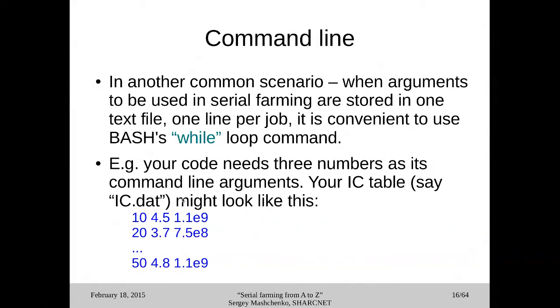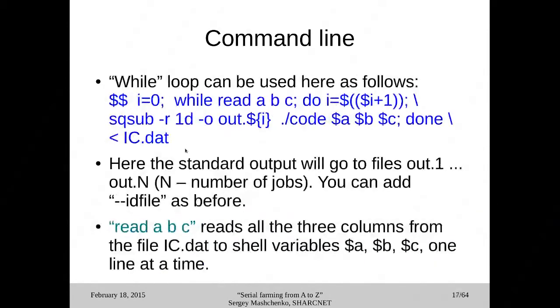And the way to process such a table using simple Bash commands would be to use the while loop Bash command. So let's see how it can be done. In this particular case, we assume the ic.dat, your list of cases or serial farm description table, has 3 columns. So we read them using the while read command.